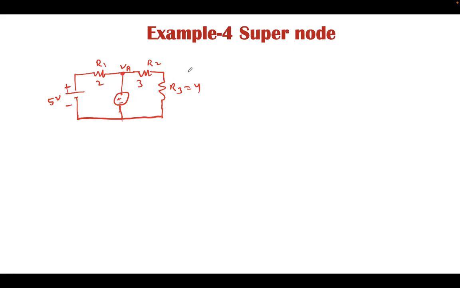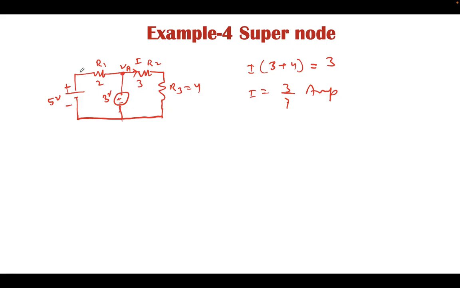Generalized equation here means these two elements are in series, and the potential defined here, let it be 3 volt, is applied across these two elements. Hence I into (R2 plus R3), which is 3 plus 4, must equal 3 volt, and hence the current I flowing in this circuit will be 3 divided by 7 ampere.